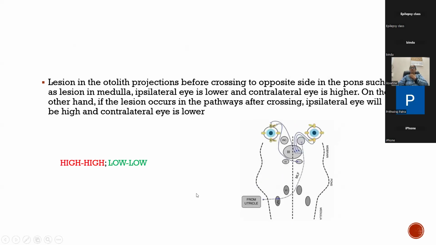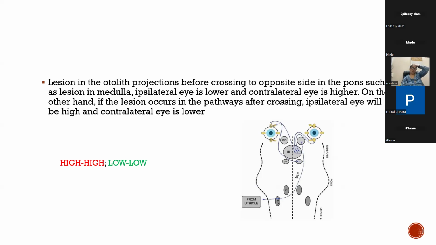So now we have asked about the lesion, when there is a lesion in the left utricle or anywhere before the crossing. Before the crossing, the ipsilateral eye will be lower. It should be upper normally, but here the ipsilateral eye will be lower and the contralateral eye will be higher, because the superior oblique and superior rectus are not being supplied.